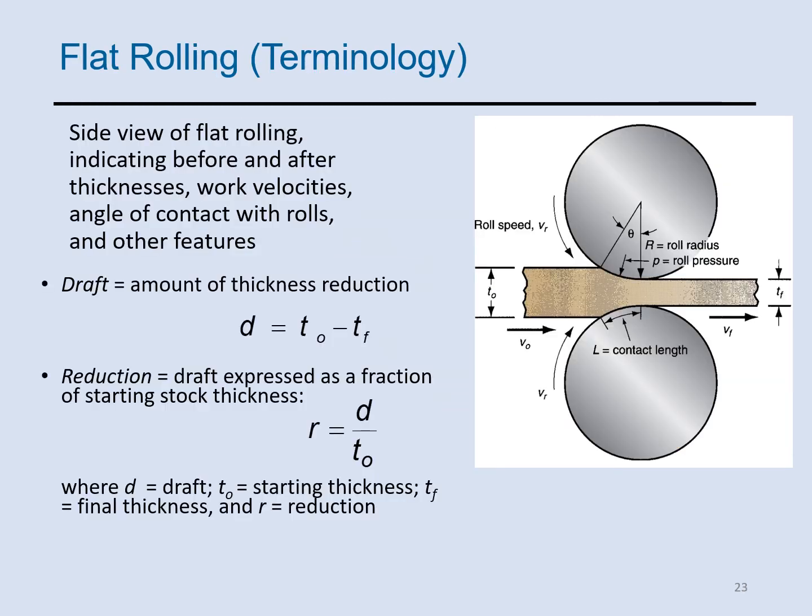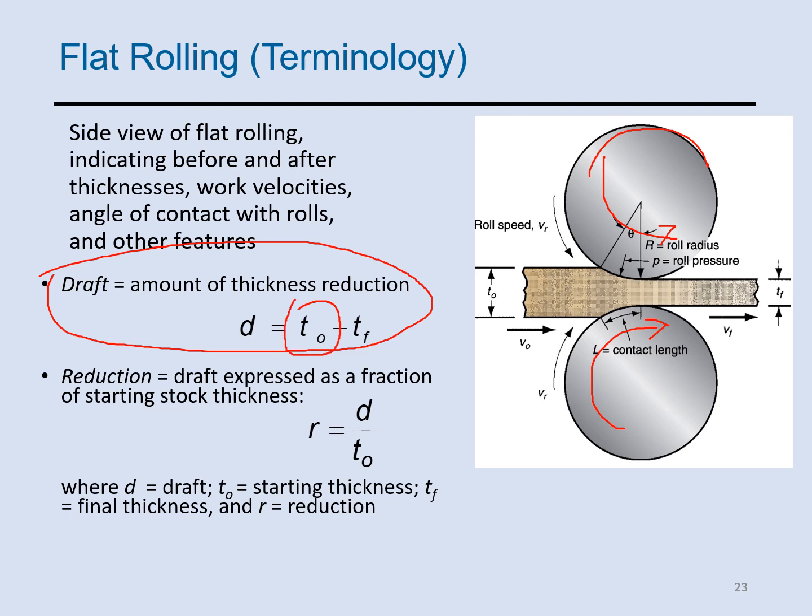There are some terms related to the flat rolling process. As you see in this picture, we have two rollers. This one is rotating this way, and this one is rotating clockwise. And there is a term called draft. The draft is the amount of thickness reduction that can be calculated by initial thickness and the final thickness.